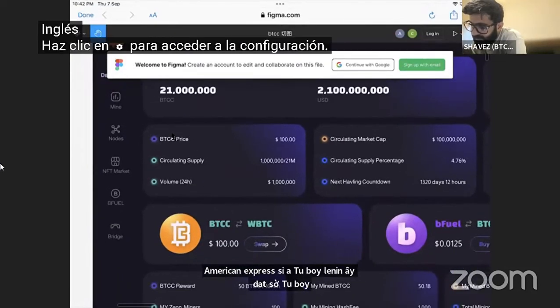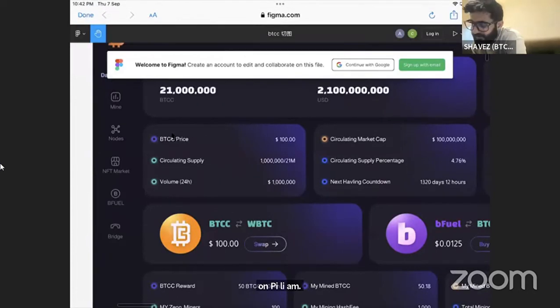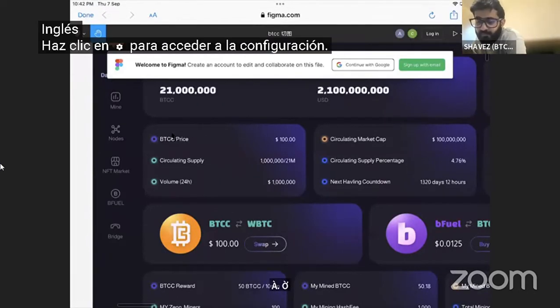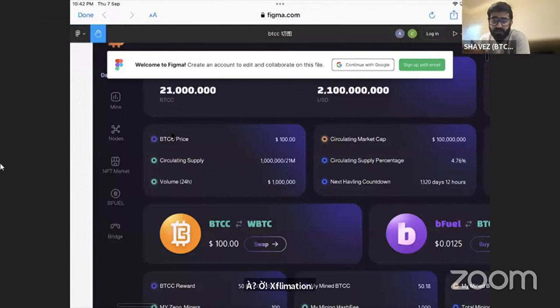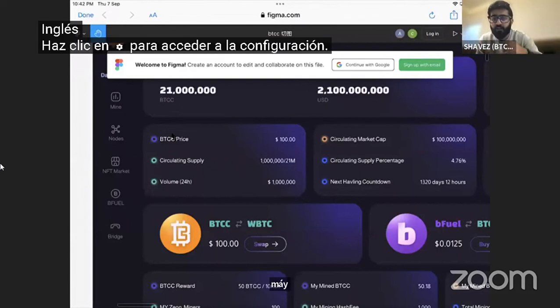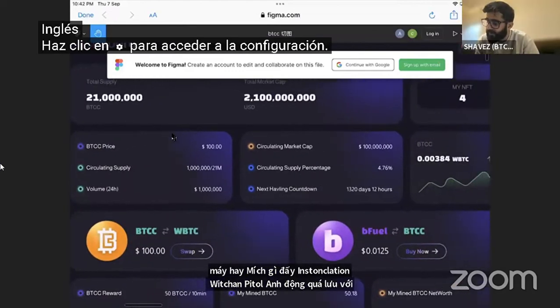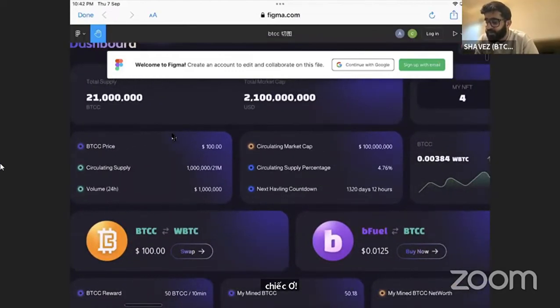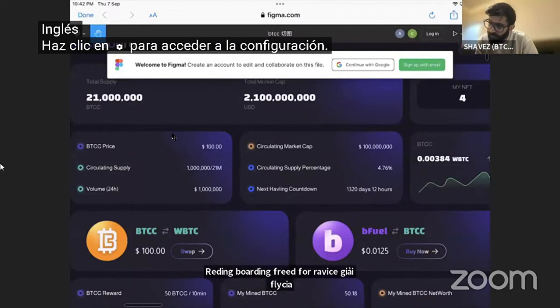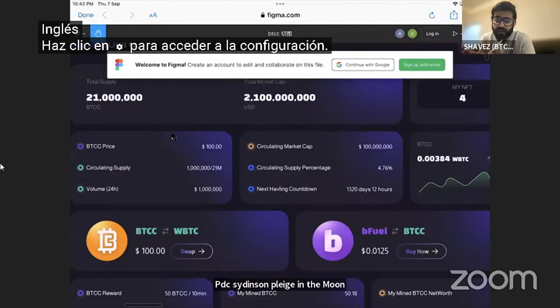The circulating supply is the supply which has been mined and is in circulation, which can be transacted. Then the trading volume over 24 hours, and the circulating market cap, which is the total BTCCs in circulation in the market, shown as a percentage. These many BTCCs have been mined, and these many BTCCs are in circulation.